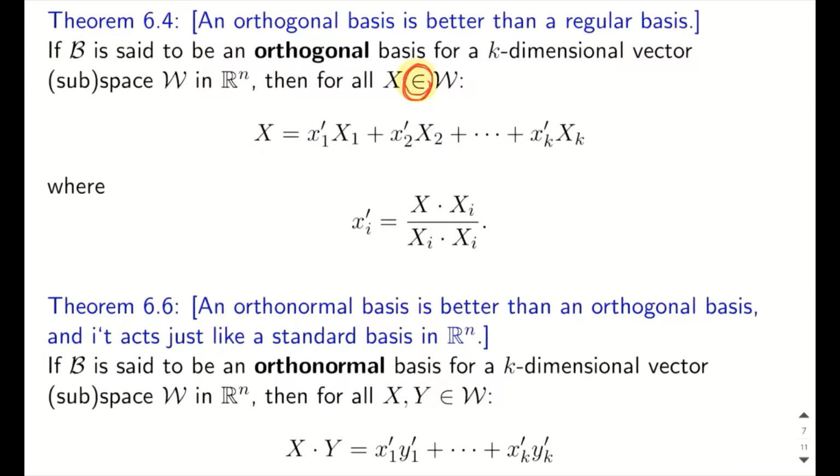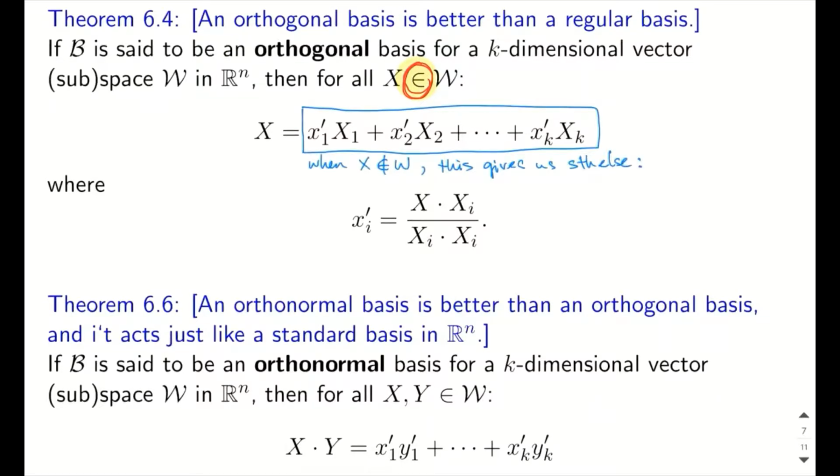What is that something when X is not in W? Have you wondered yourself? That is the projection image of X onto W. So let's get a picture here.